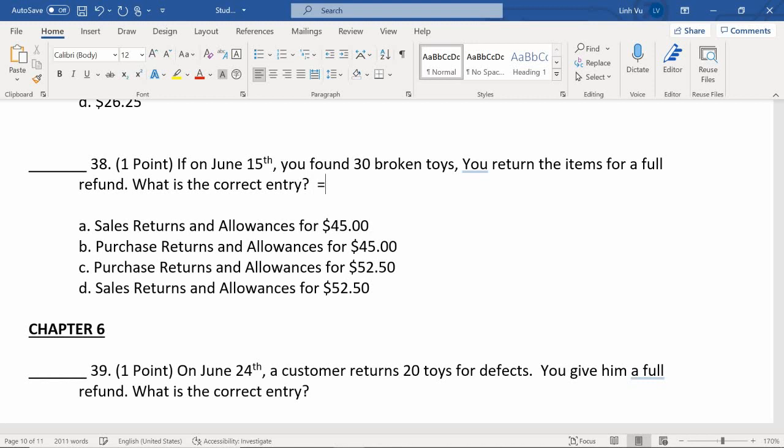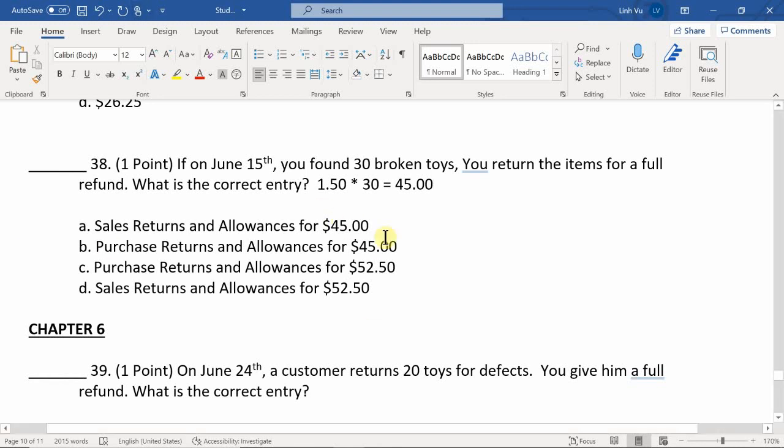We purchased the items at $1.50 each, so I need to multiply that by 30 because I'm getting a full refund. What is my total amount of refund? $45. Now the question asks, are you doing a sales returns and allowances for $45, or a purchase returns and allowances for $45?